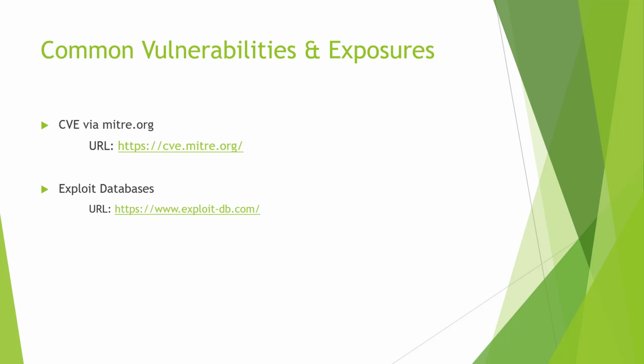Vulnerabilities typically have what's called a CVE number, or a Common Vulnerabilities and Exposures number. There are two main databases. This is not the only two. If you look up CVE, you can find tons of them.